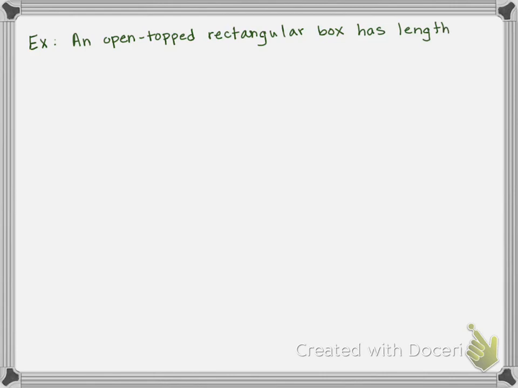Okay, let's do another one. This one's even more fun. So an open-topped rectangular box has length L and width W. Its height is 2 less than 5 times its width.